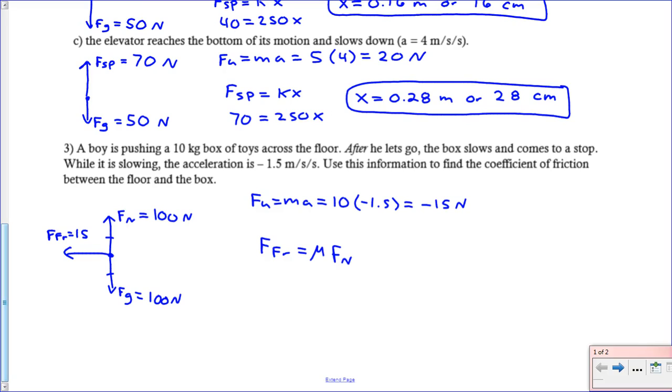Just plugging in numbers here, we've got 15 equals mu times 100. Divide both sides by 100, and we get mu equals 0.15. And then friction coefficients don't have any units, so 0.15 is just our answer.